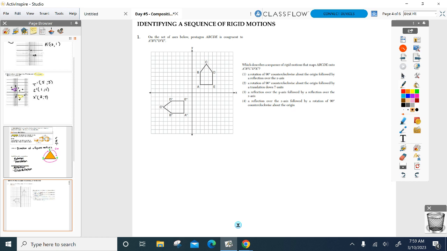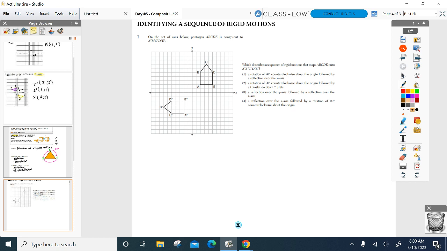All right, so take a look at my choices now. How can I match up A, B, C, D, E onto the double prime one? I've given you choices and only one will do it. So do I have to rotate 90 and then reflect over the X, rotate 90 and then go down 7? Can I do a reflection over the Y, then the X?